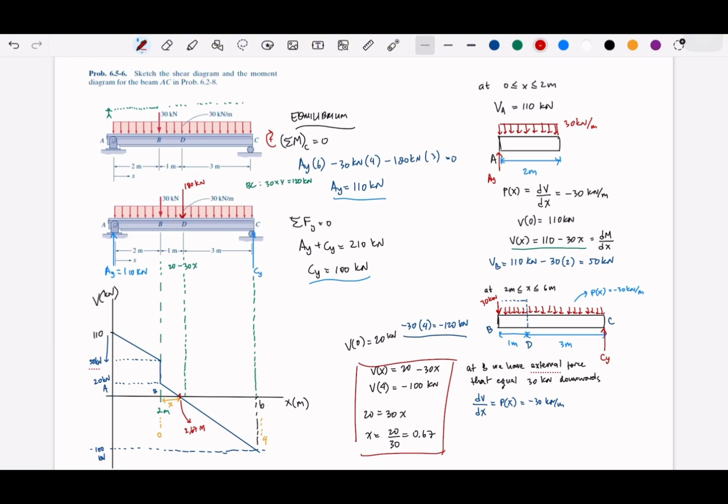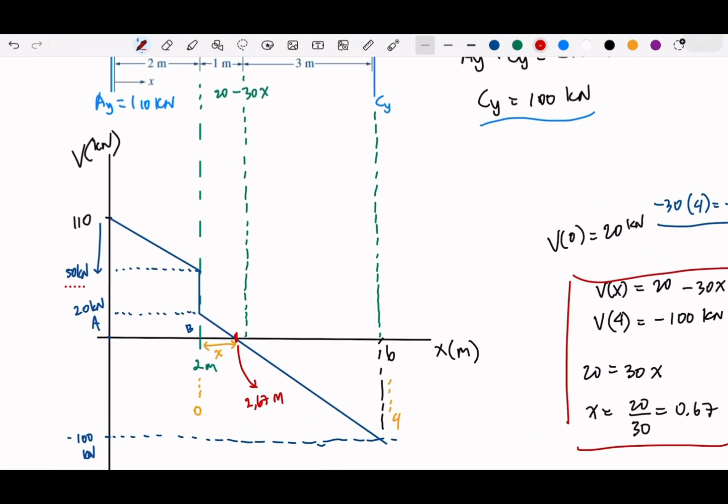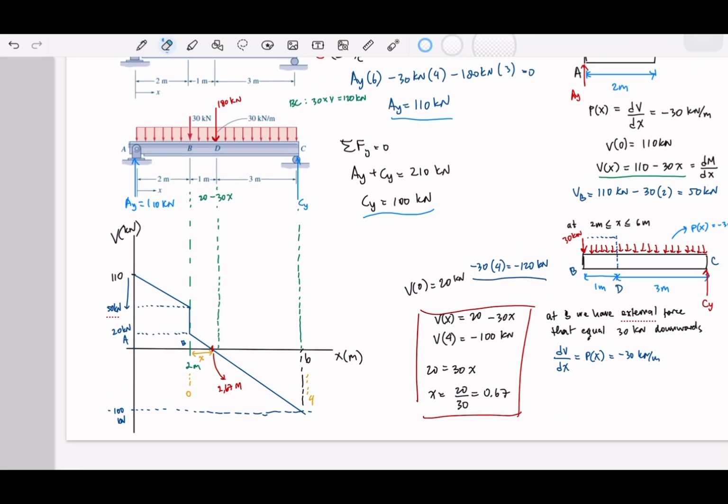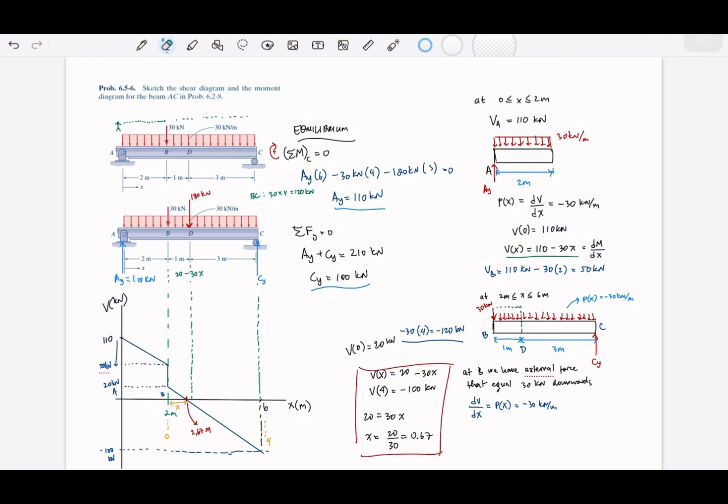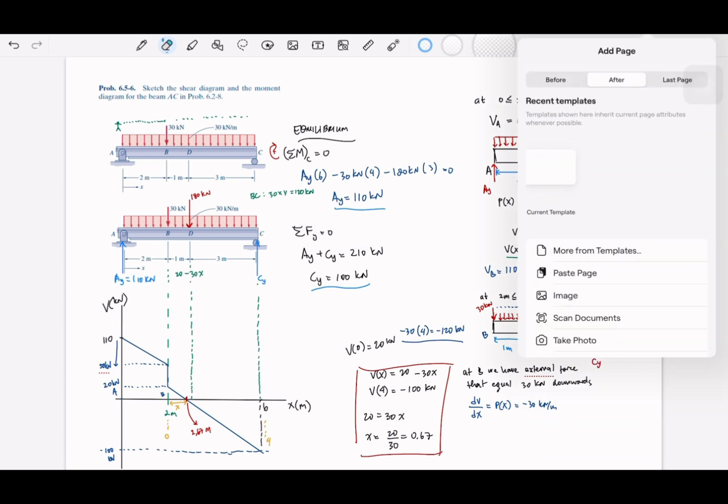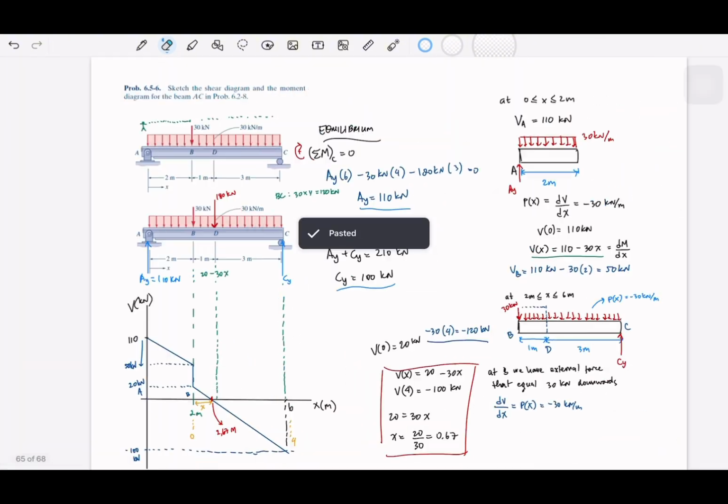Okay, so we have the V, okay? Now we are going to translate this V into our moment. So let me duplicate this page. Copy page. And then paste page, okay?